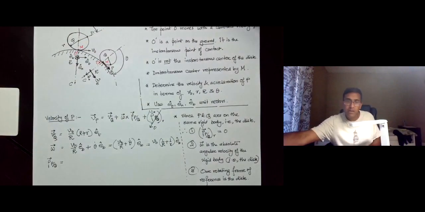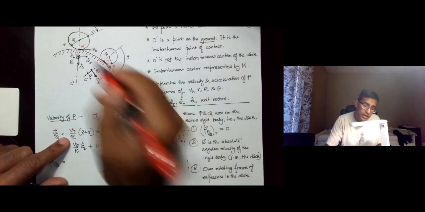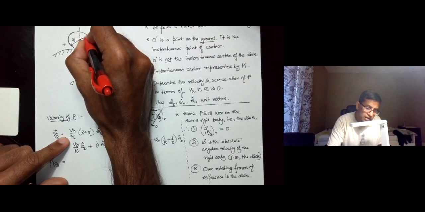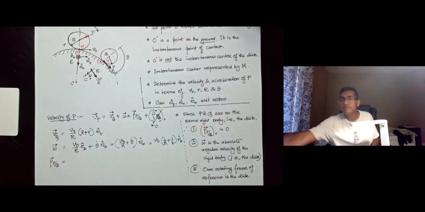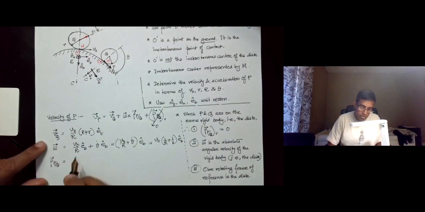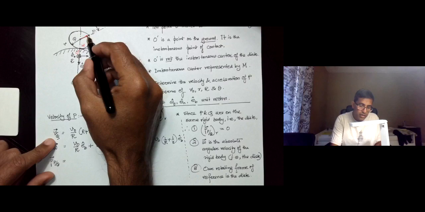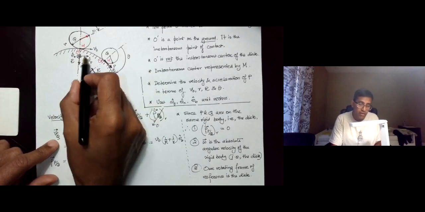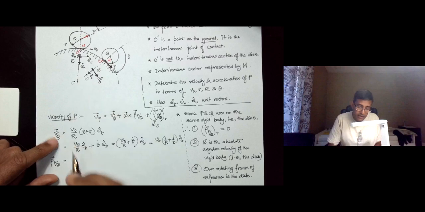Just to indicate it clearly, rho p with respect to q is this vector. We need to express this vector using this triad.